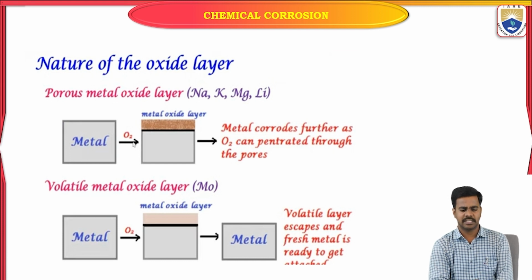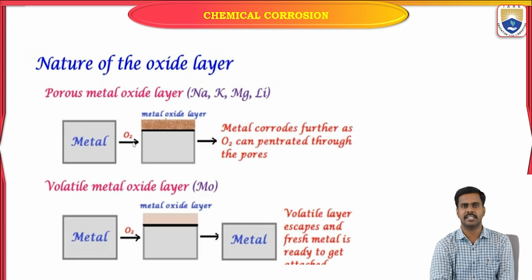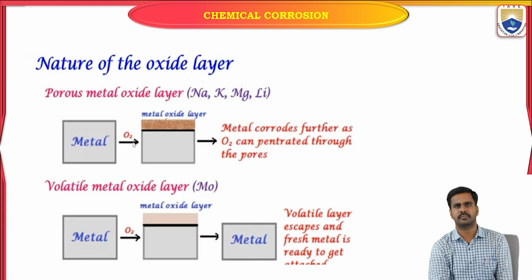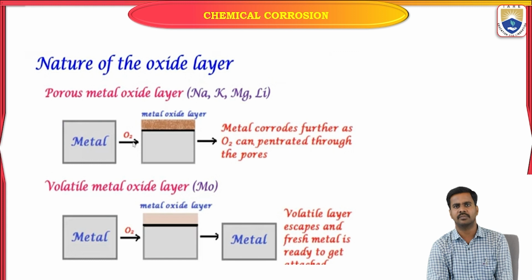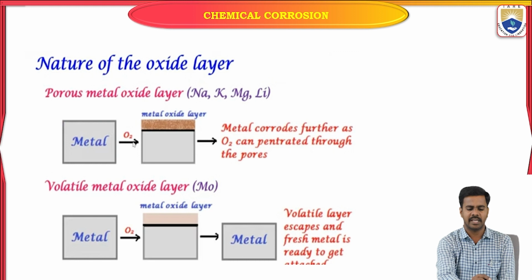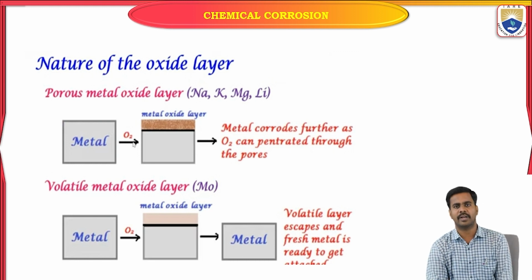Porous in the sense that the metal oxide layer contains some holes. So in this case, the metal corrodes further as O2 can penetrate through the holes. So the rate and extent of corrosion is very high in the case of a porous metal oxide layer.